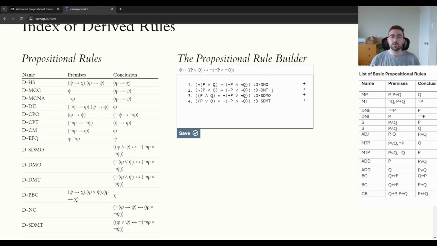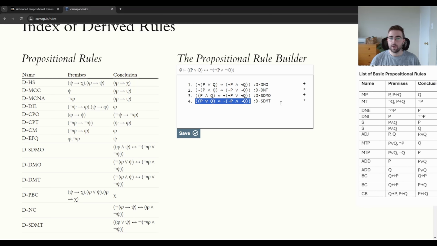So just so you know, these top two are De Morgan's laws as they're normally given. The first one is not (P or Q) if and only if not P and not Q. And the second one is not (P and Q) if and only if not P or not Q. And then these are logically equivalent substitution forms of each of them. So you can see this one is equivalent to this one, and this one is logically equivalent to this one.